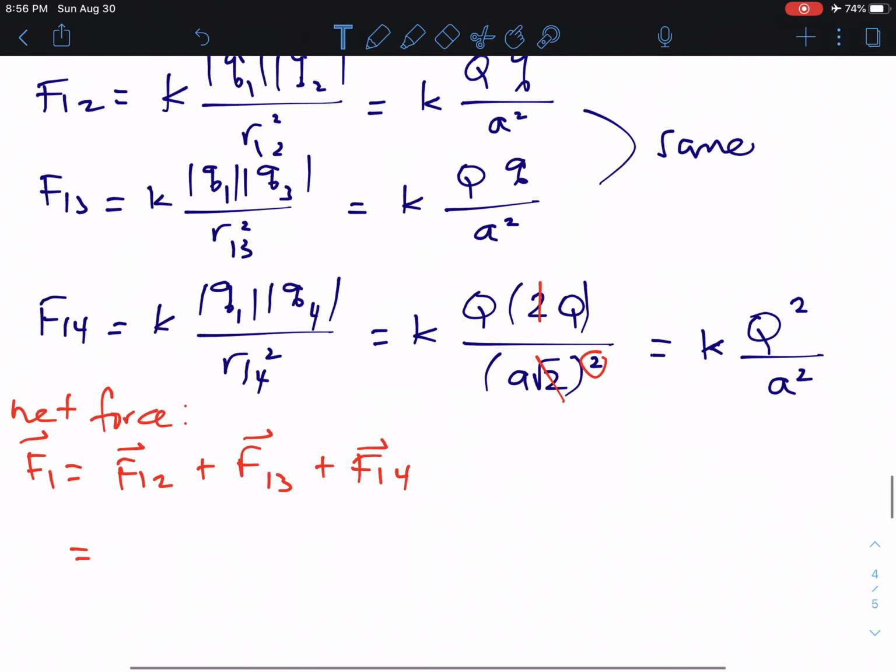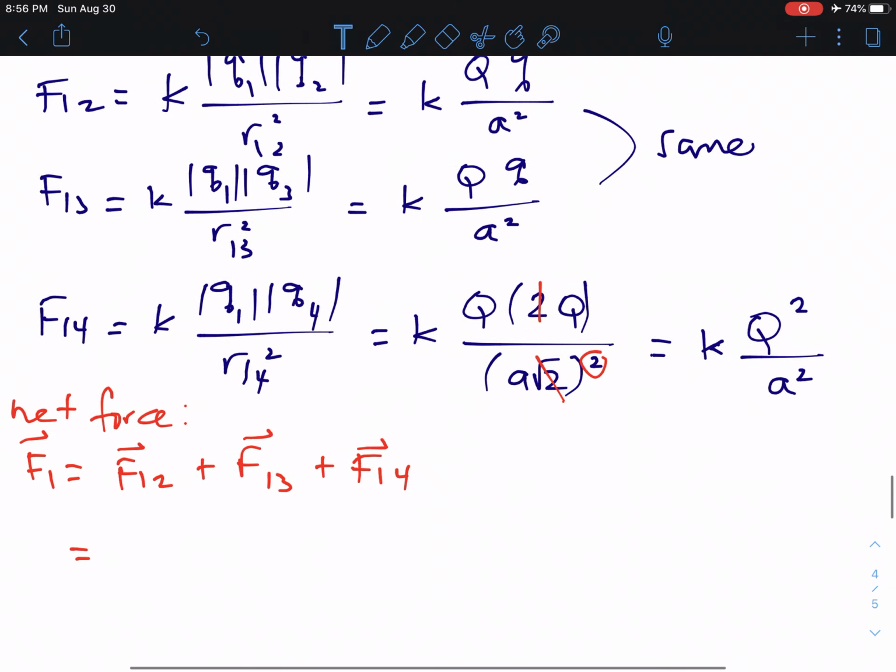Cosine 45 is root 2 over 2. Okay, so I'm just going to do that. It's just going to help me. You can find the number from the calculator, that is fine too. So this is my cosine 45, it is root 2 over 2. And that is in the i hat direction.